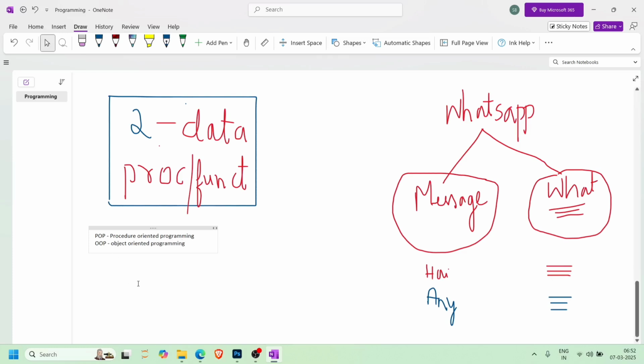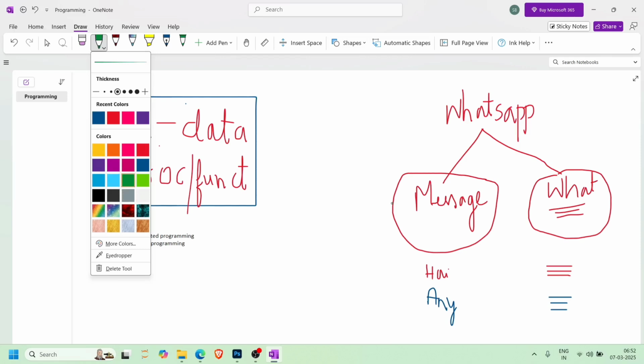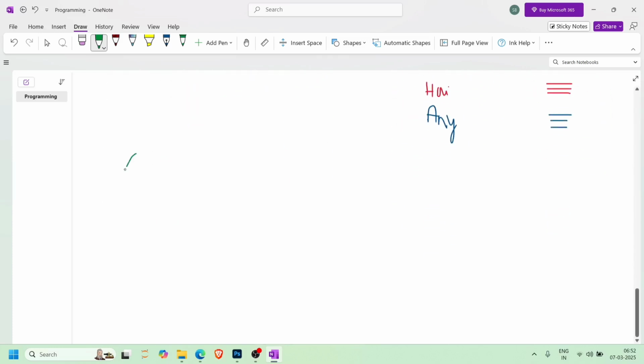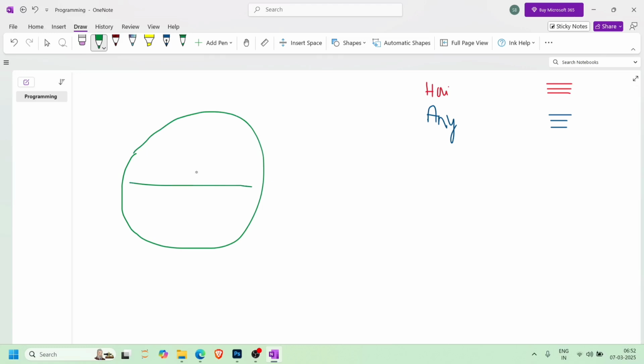The major difference between POP and OOP is that POP gave concentration to the procedures and OOP gave concentration to the data. Let us take another example. Say here we have a program. In that program, data is there and some procedures are there: procedure 1, procedure 2, procedure 3.